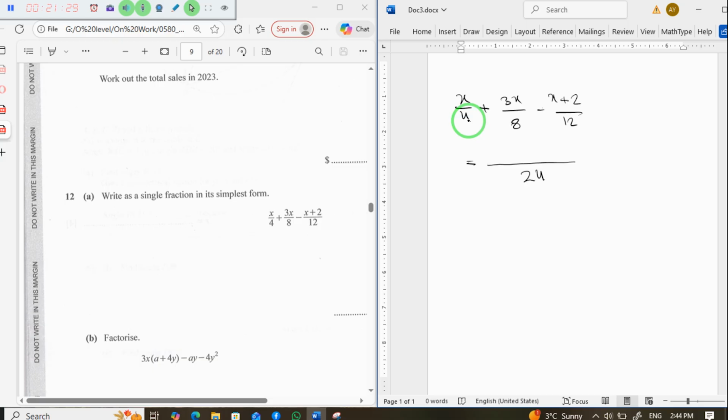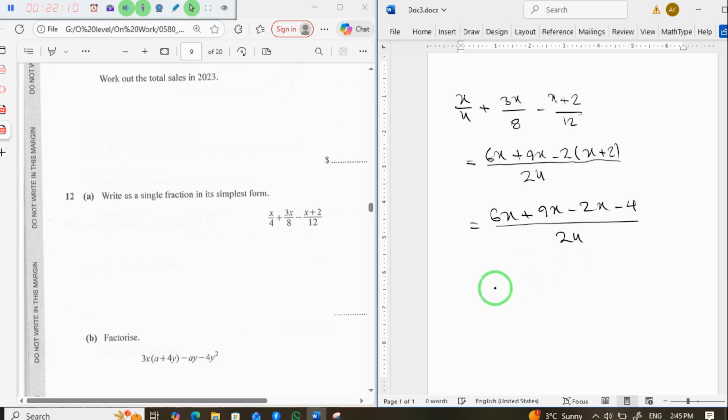24 divided by 4 is 6, multiplied by x, 6x, plus 24 divided by 8 is 3, multiplied by 3x, 9x, minus 24 divided by 12 is 2, times (x plus 2), because we have a minus we take a bracket, 2x plus 4. Then 6x plus 9x, minus 2x, and minus multiplied by plus is minus, 2 multiplied by 2, 4, over 24.